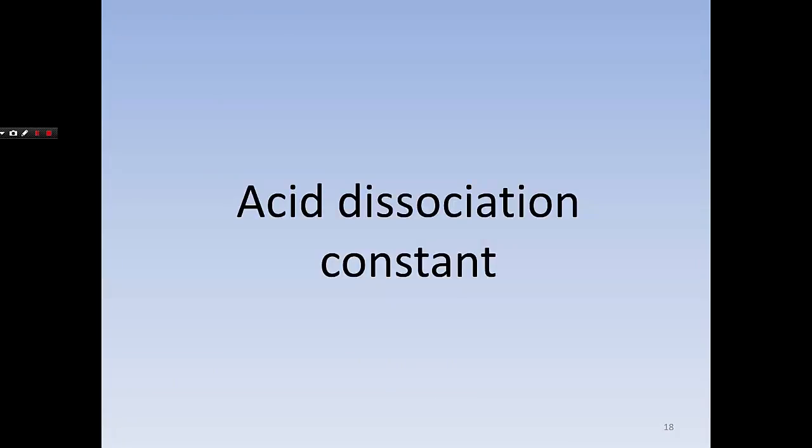Now let's move on to the last topic of this presentation, acid dissociation constant. Acid in this phrase means weak acid, as strong acids can dissociate completely in water, and therefore the equilibrium constant is generally not applicable to them.